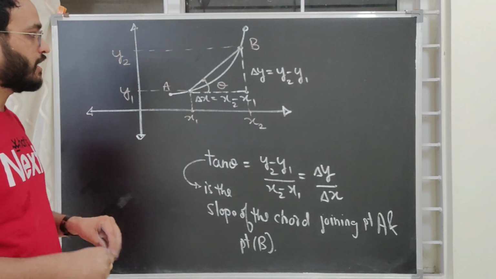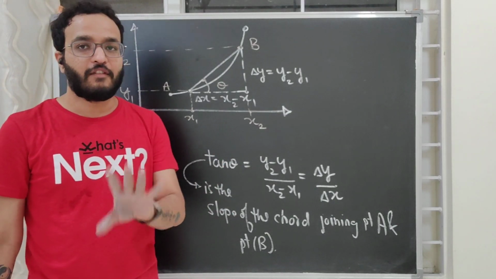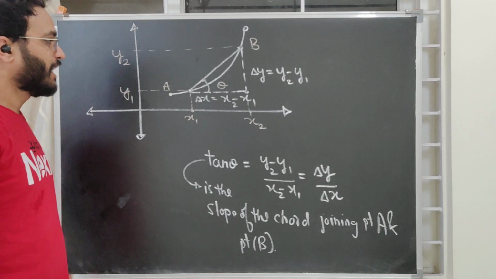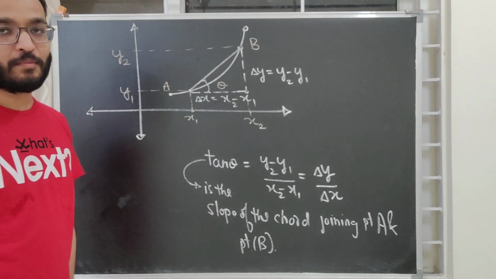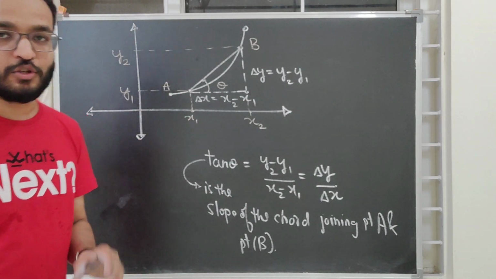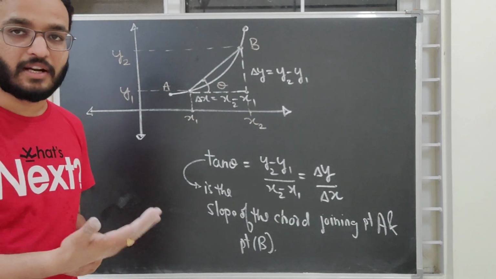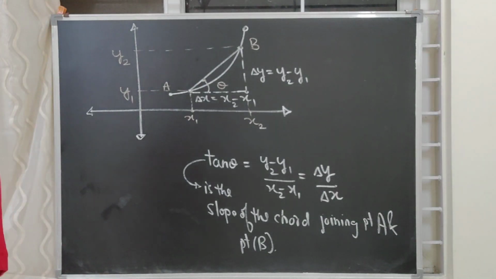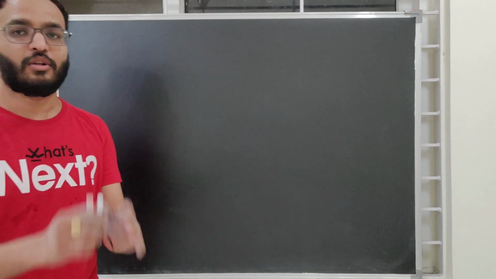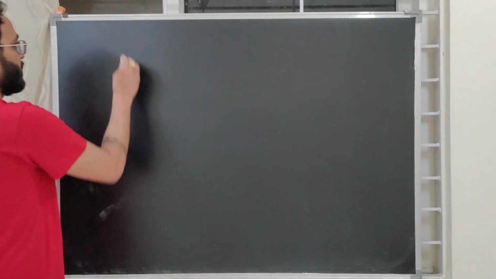This much is clear. Now there is a very good technique through which we can get the slope at point A or B. So copy this. Now I'm gonna rub this and use another diagram. Okay, students, now the technique is very simple.